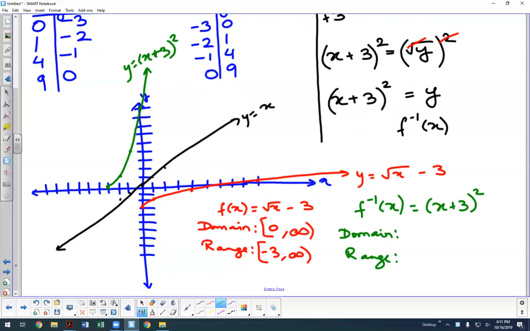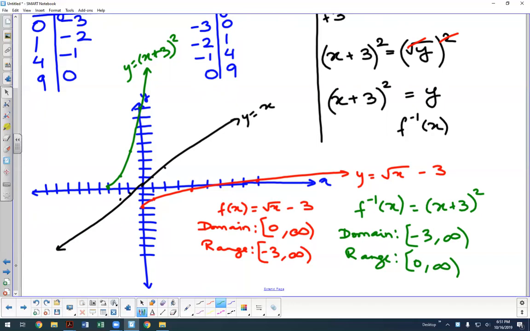So you're going from -3 to positive infinity. And range? It's going to be 0 to infinity. Right, because again, you start at 0 on the y-axis and you go up. And obviously they should interchange from the original function to the inverse.